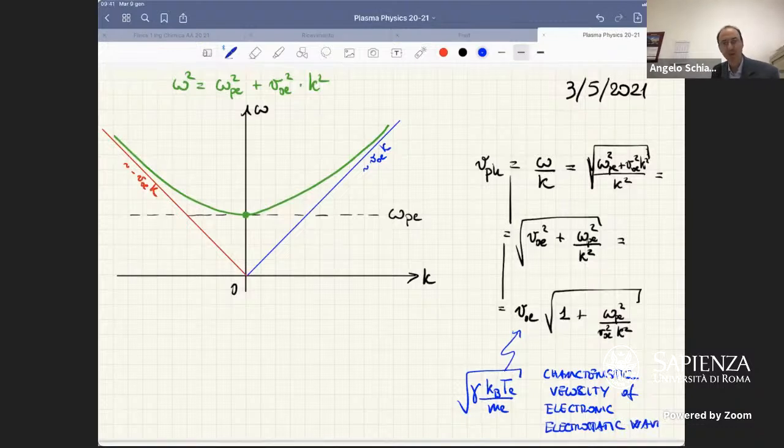How does this compare to the thermal velocity? Let's recall what the thermal velocity of the electron is.